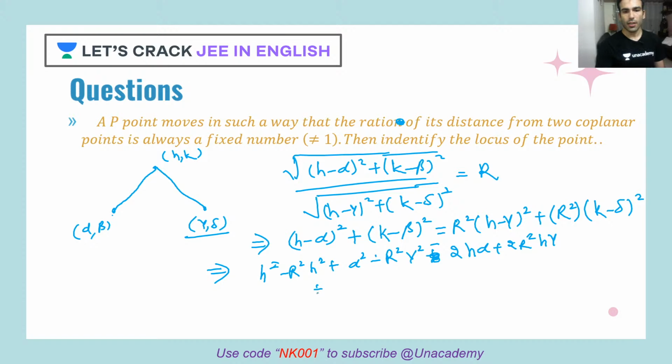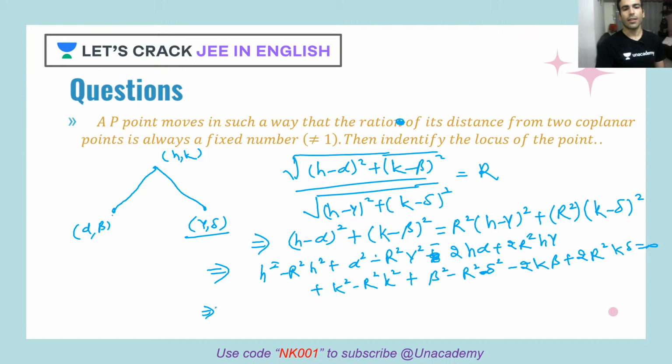Similarly, I'll get k square minus R square k square, plus beta square minus R square delta square, minus twice k beta, and from here plus twice R square k delta, is equal to 0.